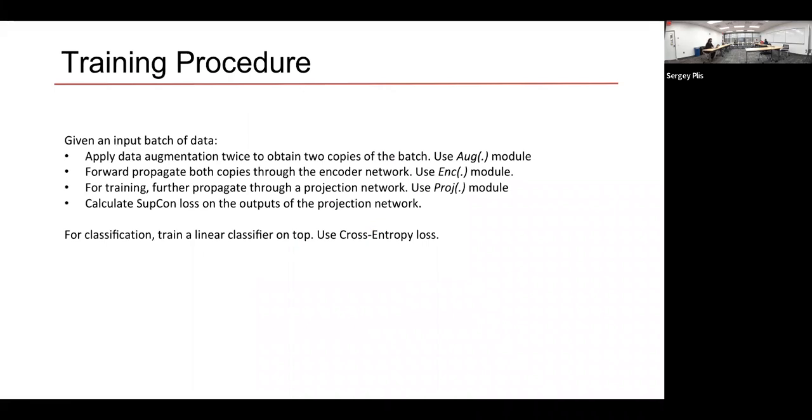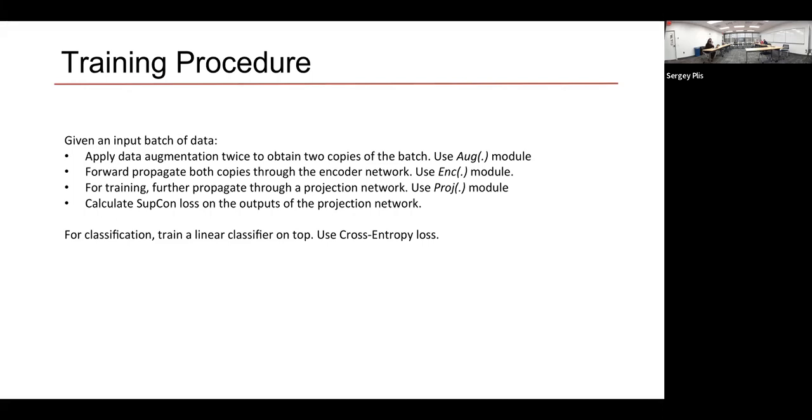Okay. So what is their training procedure? Their training procedure consists of 3 modules. First of all, the augmentation module, which works on the original samples and performs some kind of augmentation on them.